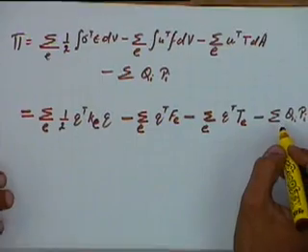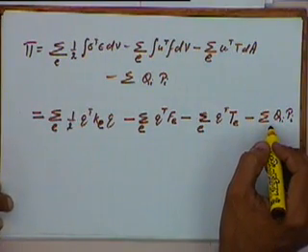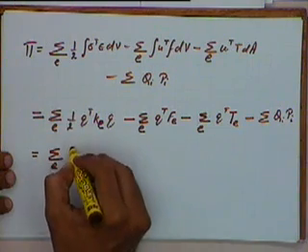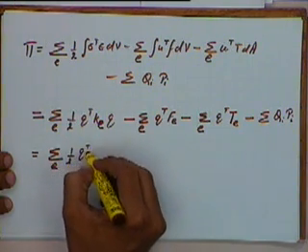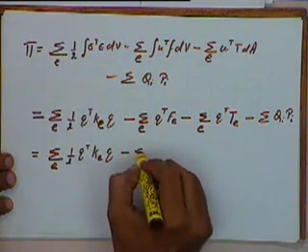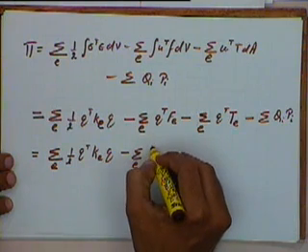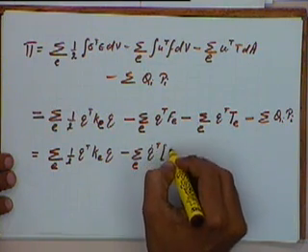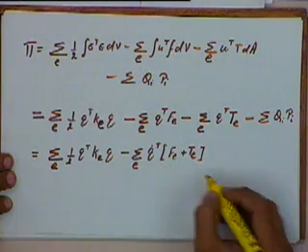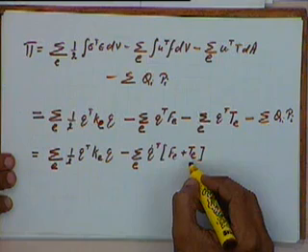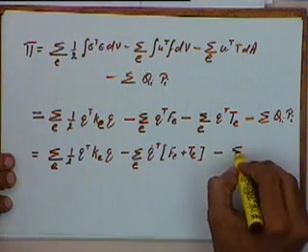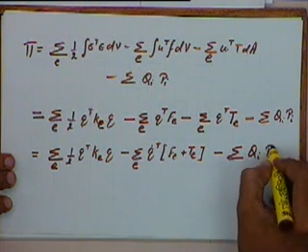Now this expression is the same as the expression we had earlier. So this is equal to summation over all the elements of half Q transpose KeQ minus summation over all the elements of Q transpose multiplied by Fe plus Te. Fe plus Te will give us the element force vector, and minus summation of Qi Pi.